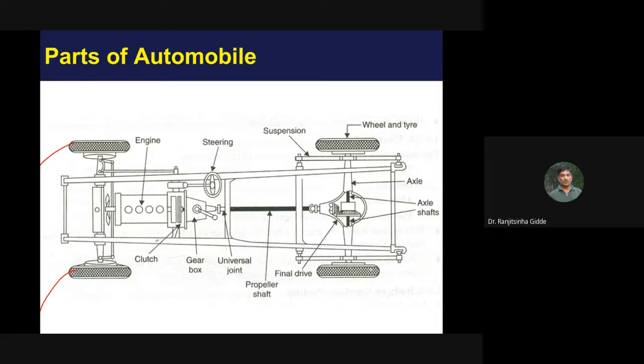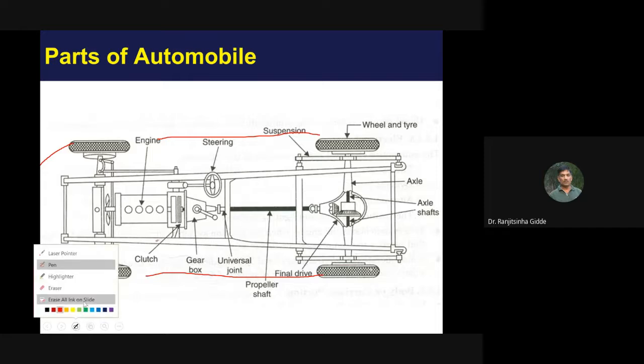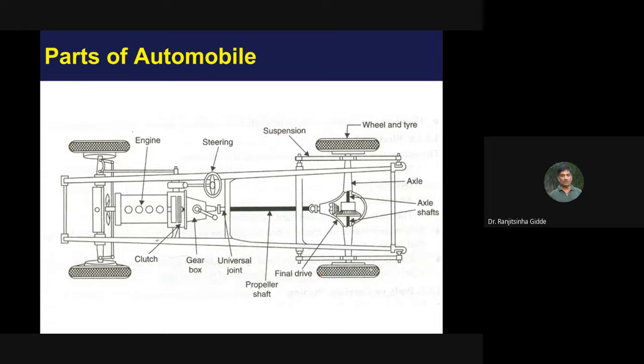These wheels are going to negotiate the turn, and the other wheels have to follow that turn taken by the front wheels. So on the front axle, wheels are mounted.